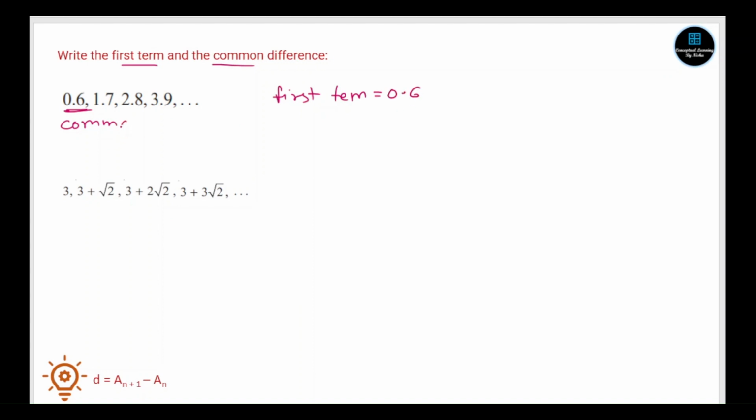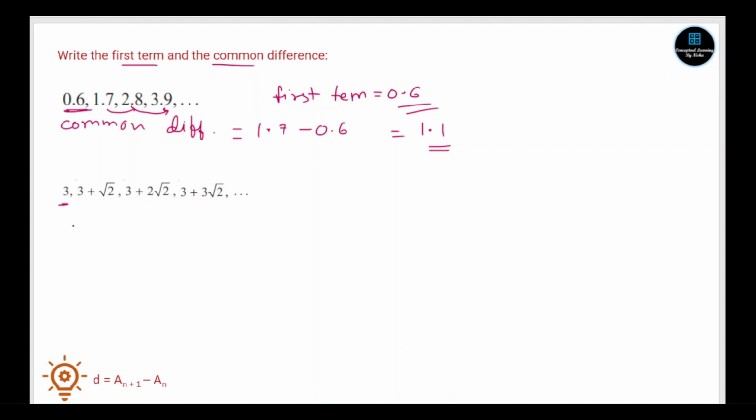Now, the common difference is equal to 1.7 minus 0.6, which gives me 1.1. Is it the same everywhere? Yes, it is. If I take the difference of any two consecutive terms, I'll get 1.1 every time. So I got my answers. Alright, super easy.